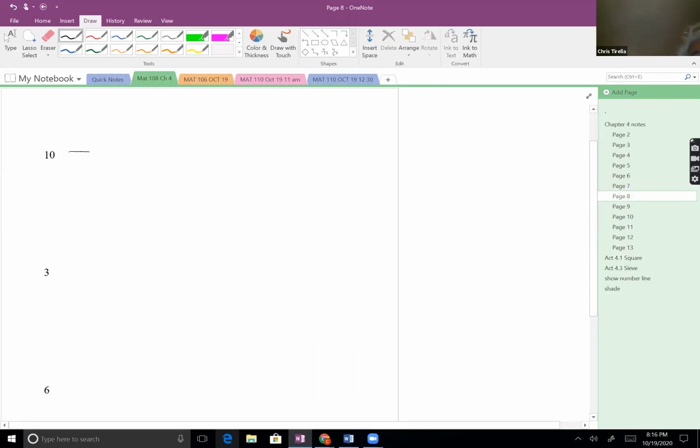I forgot about this one. If it's divisible by 10, the last digit is what? A 0. And is that one that's familiar with everybody? If the number in the ones place is a 0, our number is divisible by 10.